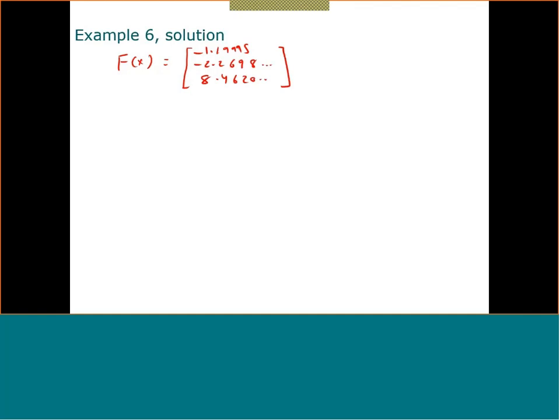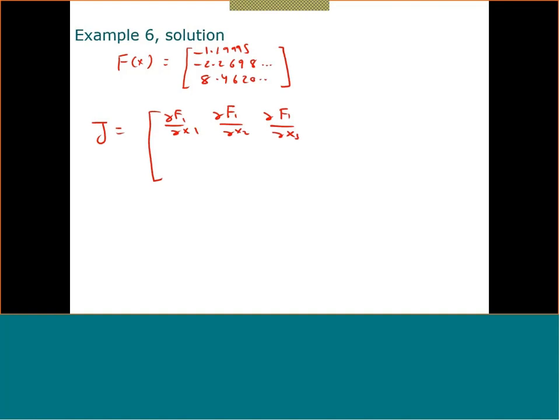Now I need to find the Jacobian matrix. What will the Jacobian matrix be? It will be the partial derivative of f1 with respect to x1, the partial derivative of f1 with respect to x2, and the partial derivative of f1 with respect to x3.